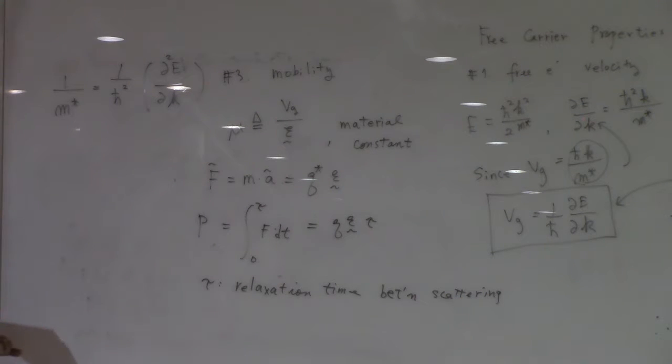You can see in a solid, the free electron is moving around, but it scatters with the host atoms and with other electrons, things like that.